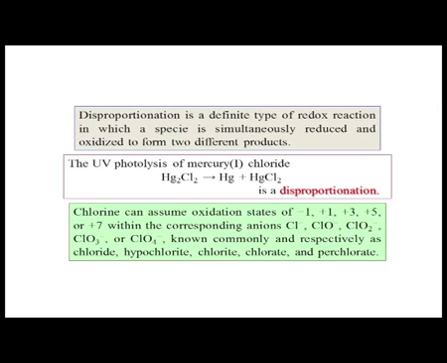So, if we are talking about the disproportionation reaction of a particular species, we have to think about its corresponding potential in terms of its reduction as well as its oxidation.